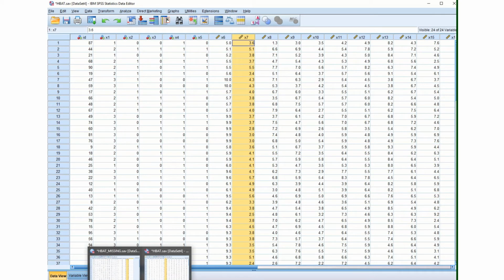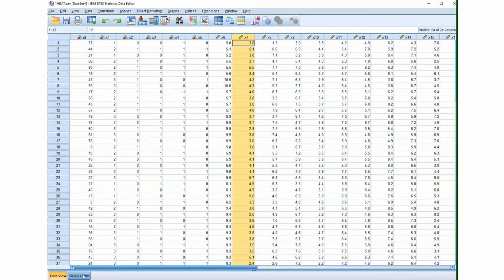So now what we want to do, and it's a bit laborious, is do this for every variable. You want to identify the outliers for every variable, and then see if any of the observations repeat themselves across all of the variables.